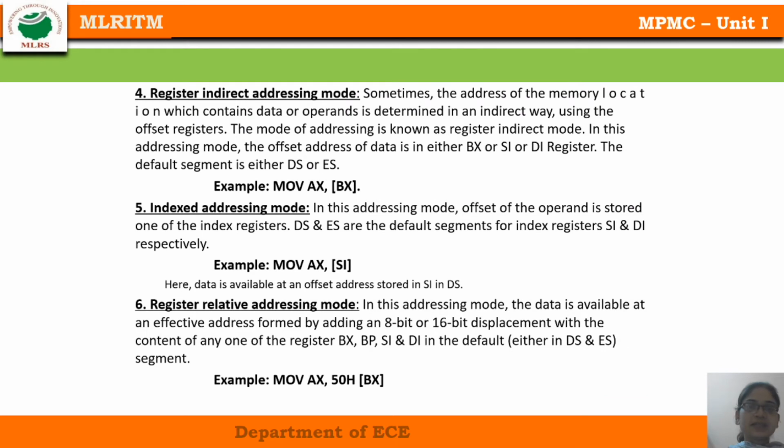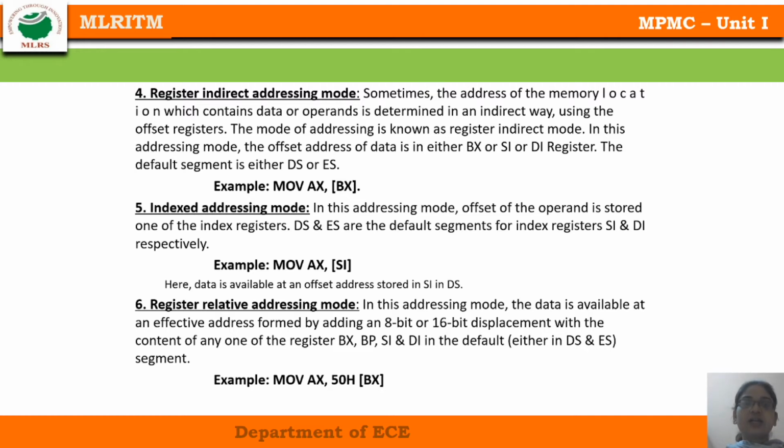Register indirect addressing mode. Sometimes the address of the memory location which contains the data or operand is determined in an indirect way using the offset register. This mode of addressing is known as register indirect. In this addressing mode, the offset address of data is in either the BX, SI or DI register. The default segment is either DS or ES.